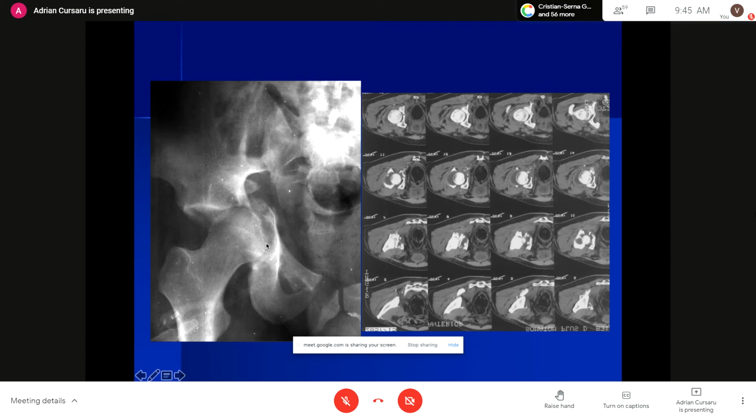We have a fracture of the acetabulum, and the head goes into the pelvic area, because we have an acetabulum fracture with displacement.